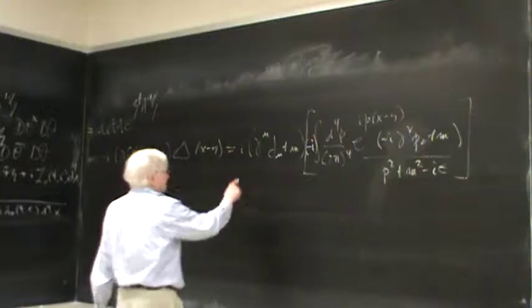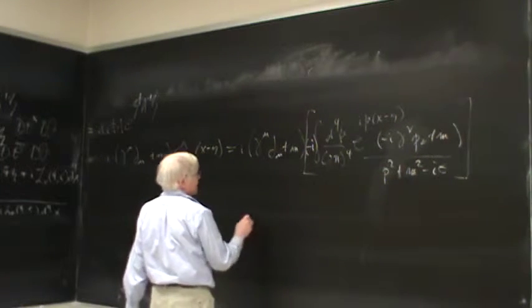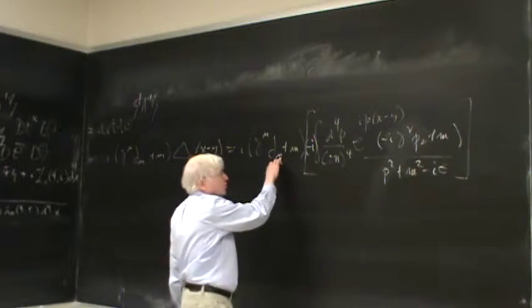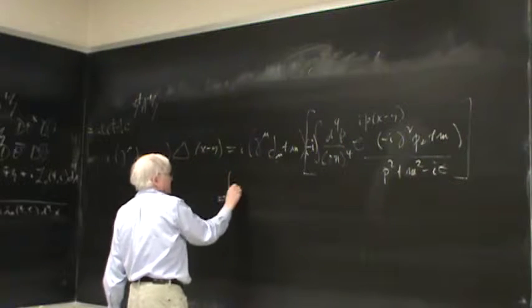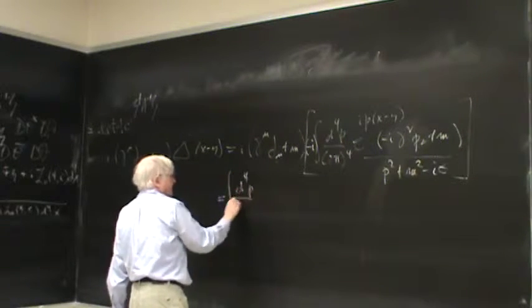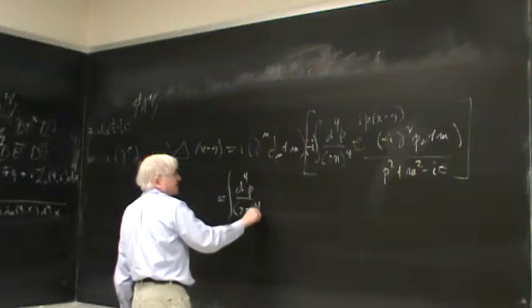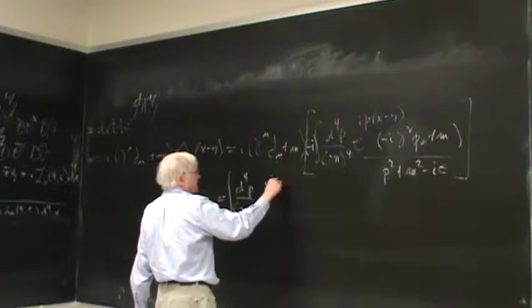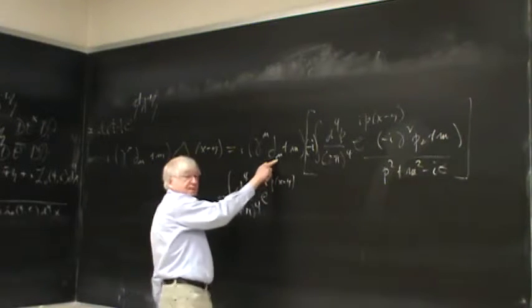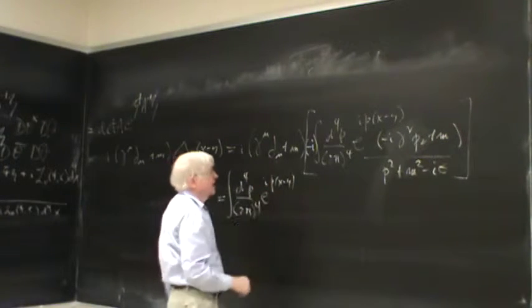Now, when this acts, of course, the i cancels the minus i. The d mu brings down an i p mu, and so this thing is an integral d4p over 2 pi to the fourth, and now, of course, e to the i p (x minus y). The derivative is with respect to x rather than y.